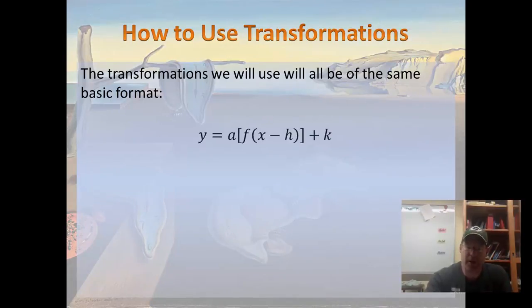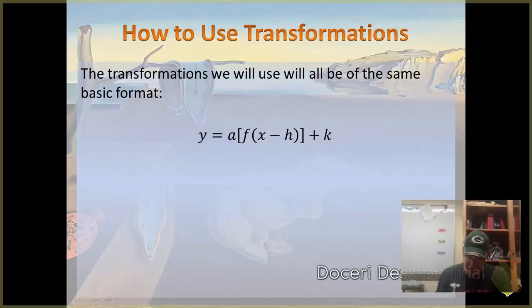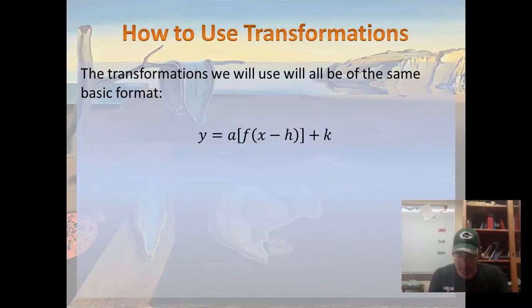What I want you to recognize is that our equation is going to be in this format for the most part. We have three terms that affect this graph: this A term, this H term, and that K term. All three of those affect the appearance of this graph.